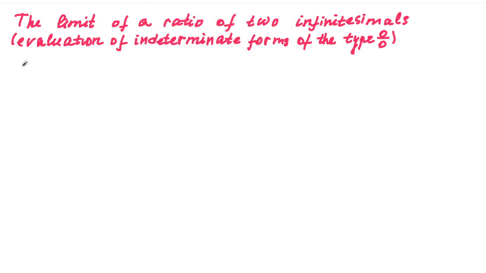Let the functions f of x and phi of x on a certain interval from a to b satisfy the Cauchy theorem and vanish at the point x equals a of this interval.